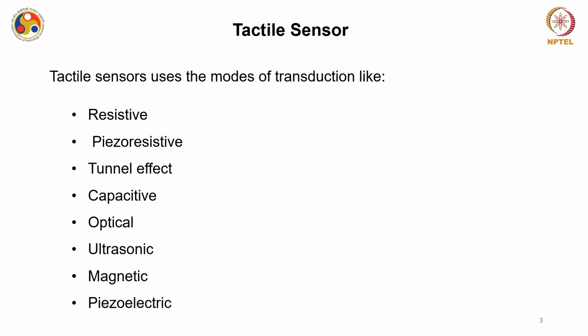Based on these transduction techniques, we have various tactile sensors. We have also seen briefly how they are implemented, their advantages and their specific applications, particularly the contact tactile sensors as well as non-contact tactile sensors.